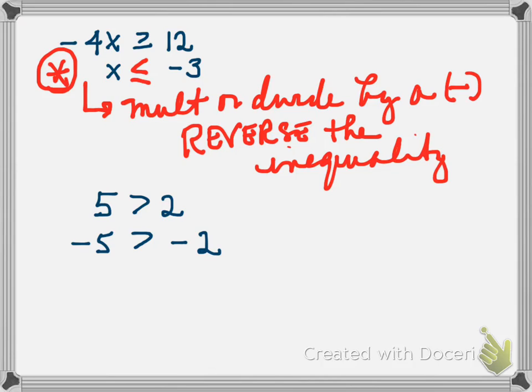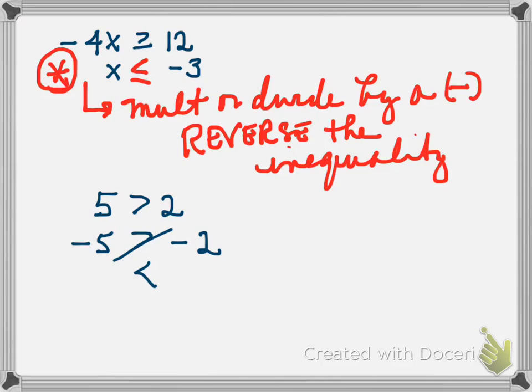Negative 5 is not greater than negative 2. In fact, negative 5 is less than negative 2. So with this simple example, you can see that when I multiplied both sides by a negative number, it was necessary to reverse the inequality in order to have a statement that was correct. So again, don't forget, multiply, divide means reverse the inequality.